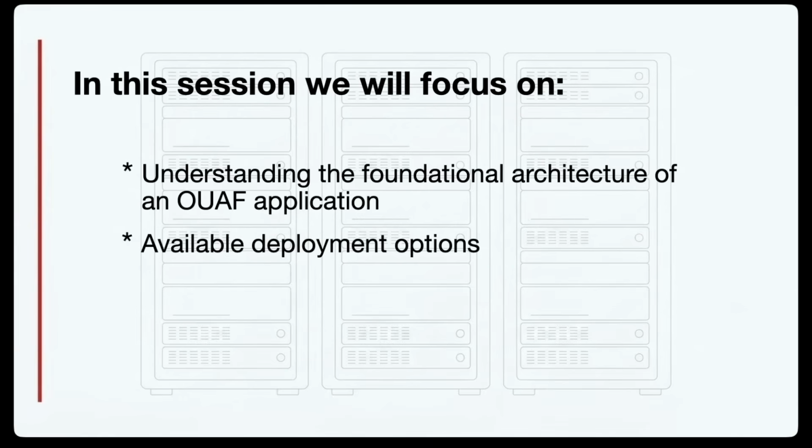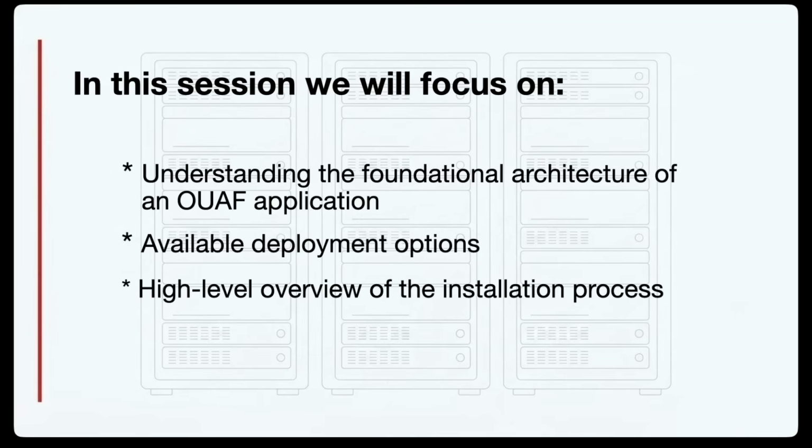We will compare a single server setup, which is commonly used for development, with a two-tier deployment, which is designed for scalability, manageability, and better performance. Finally, we'll take a high-level look at the installation process, which is divided into two key phases. Let's get started.